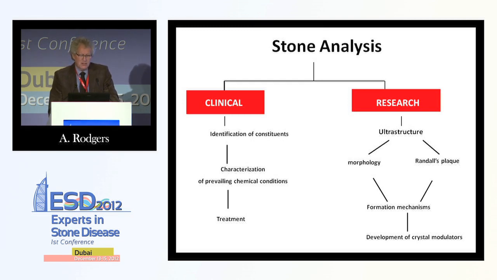From the research point of view, we want to probe somewhat deeper and look at the ultrastructure of the stone, look at the morphology of the crystals, take a look at Randall's plaque, speculate on stone formation mechanisms, and then take a look at whether there's a way to modulate those crystals that we've seen.